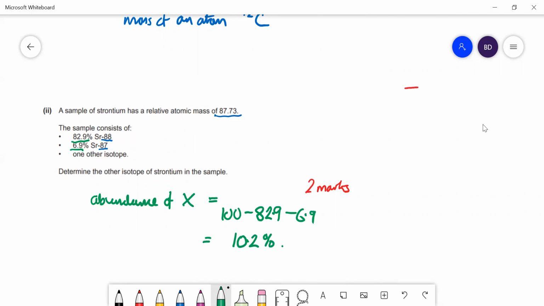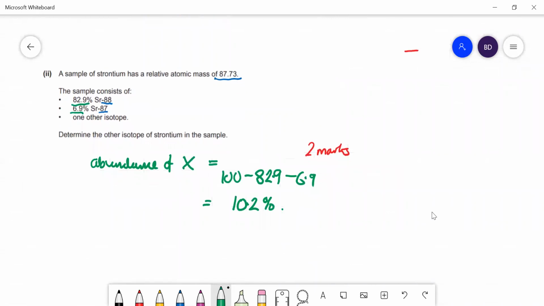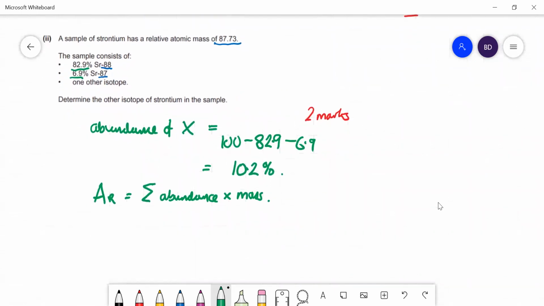Now we know that the relative atomic mass, the Ar, is equal to the sum of the abundance of each isotope multiplied by the mass of each isotope. They tell us the Ar is 87.73. Rather than using percentages here, it's better to use decimals.